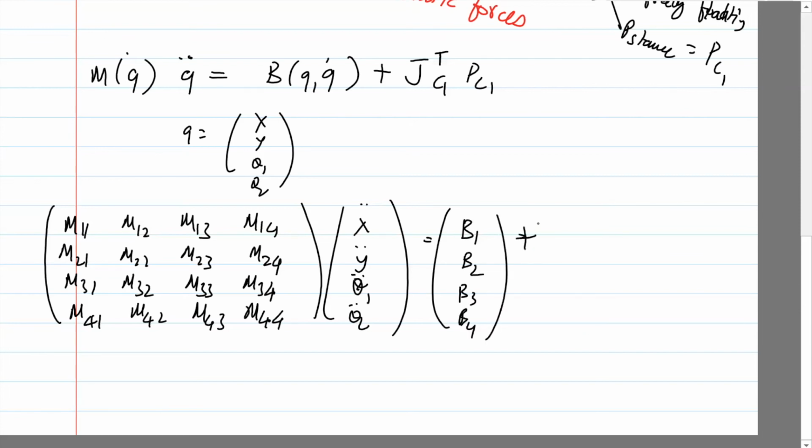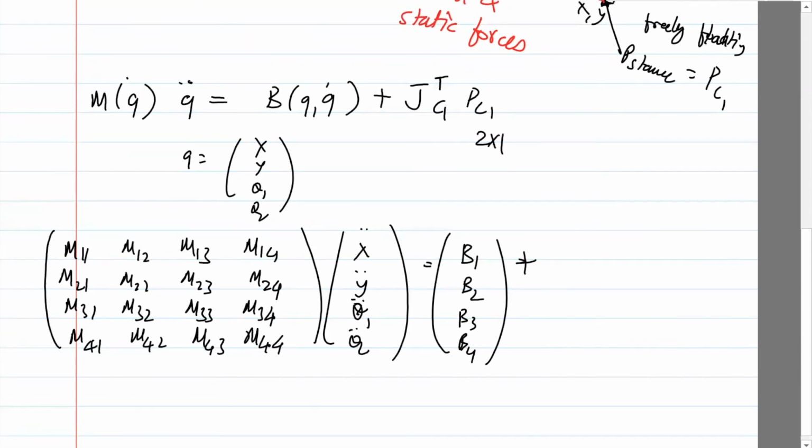And then for the Jacobian, you will have, since this is 2 comma 1, which is basically the forces in the x and y direction, this has to be 4 comma 2.